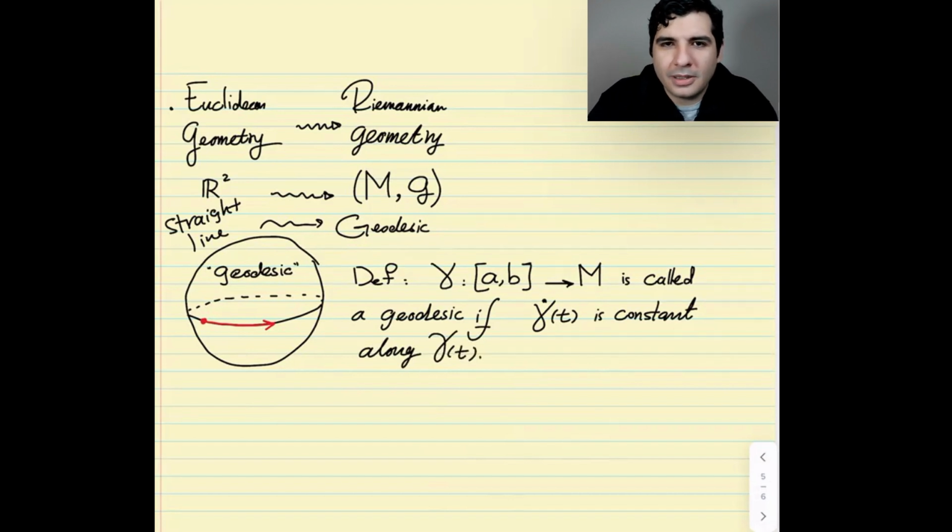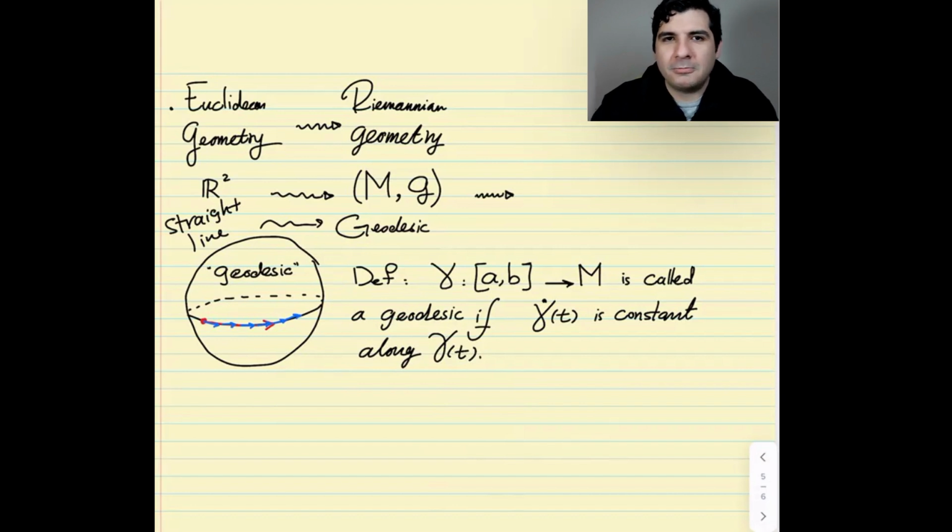Loosely speaking, gamma dot is like velocity, and the change of gamma dot is like acceleration. So saying gamma dot is constant means its change, or its derivative, is zero, which means the acceleration of a particle moving along a geodesic with constant speed is zero.